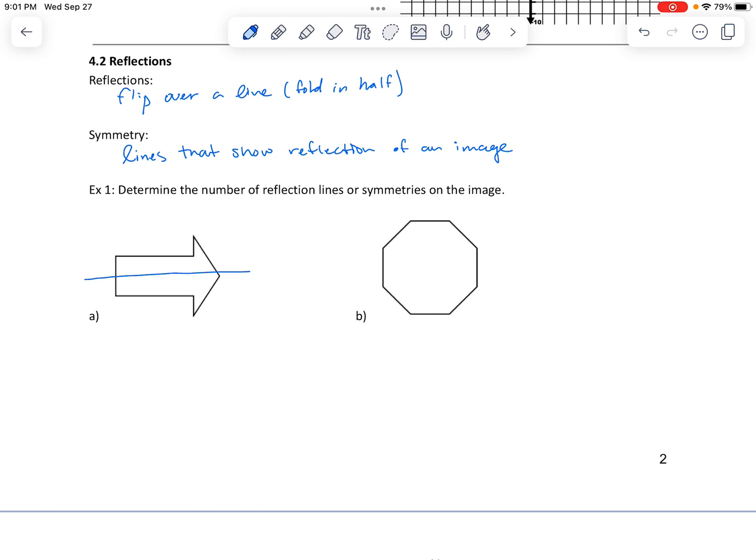On B, I have a couple there. I'm going to go through each edge. So this is considered 1, 2, 3, 4. Now this gets a little bit trickier.